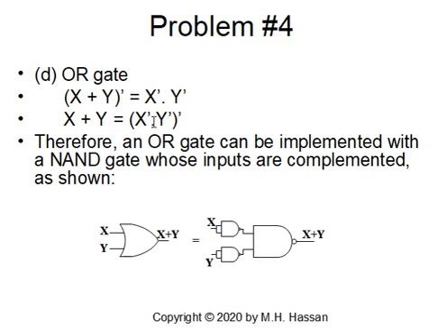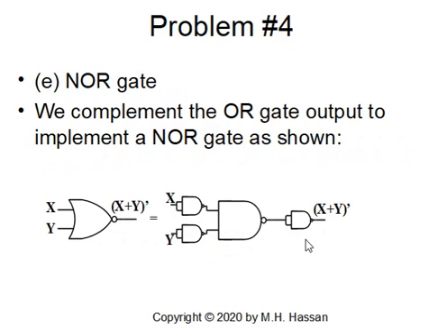It means this is a NAND gate with two switching variables inverted. So an OR gate will be a NAND with x, y inverted at the first level, then taken to another NAND gate. Next, we would like to implement a NOR gate: the output of an OR gate, if we take it to an inverter, will be a NOR gate, as simple as this.